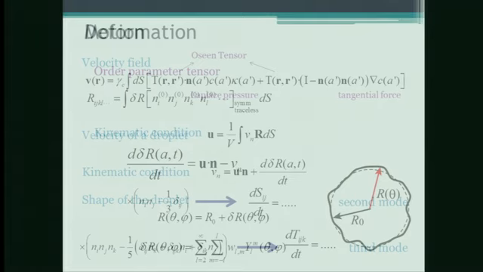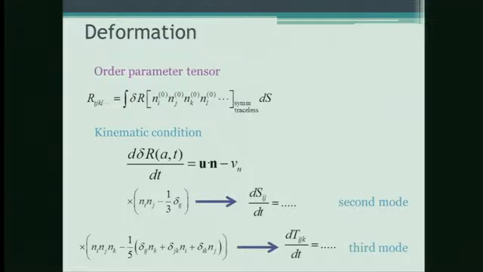But instead of doing that, it is better to define the order parameter tensor for characterizing the shape of the droplet, by multiplying many normal vectors onto the deformation and integrating it over the surface. And we should respect this symmetry, so this tensor should be symmetric and traceless.